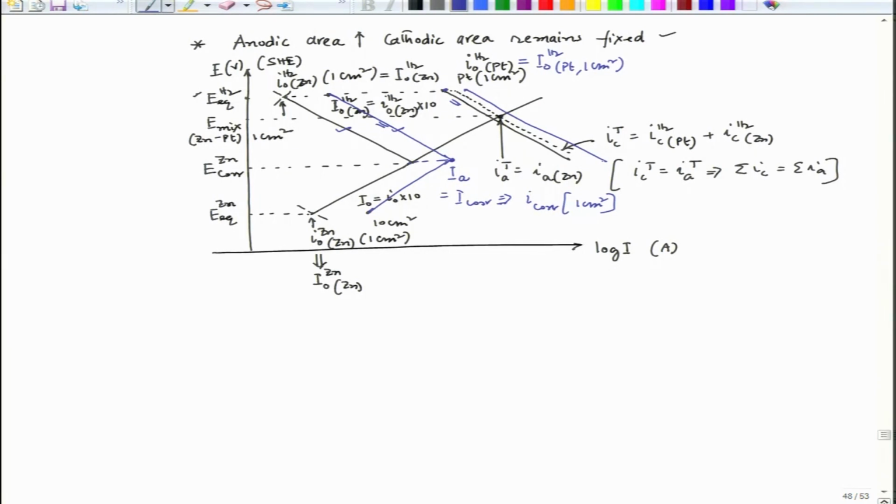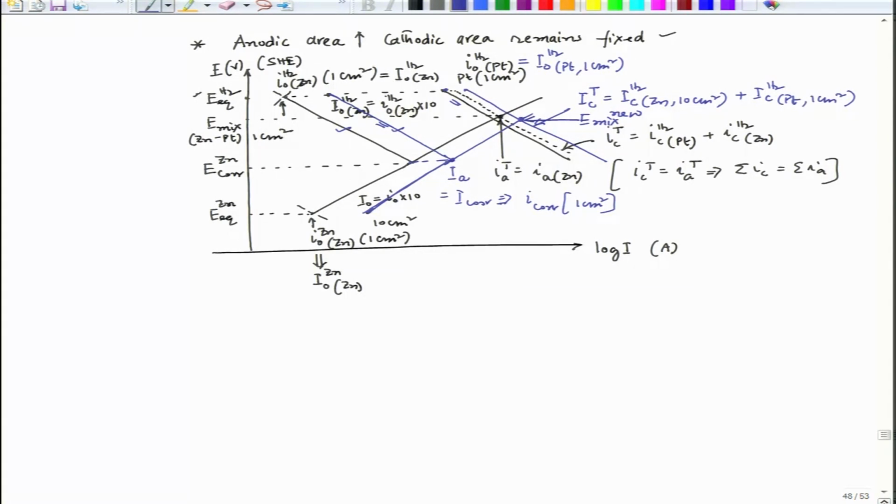Now we have to continue this particular plot, and it will come and meet this point. This line is nothing but Ic total equal to Ic hydrogen over zinc of 10 centimeter square area plus Ic hydrogen over platinum 1 centimeter square area, and the new E mix is this point. So this is E mix new.